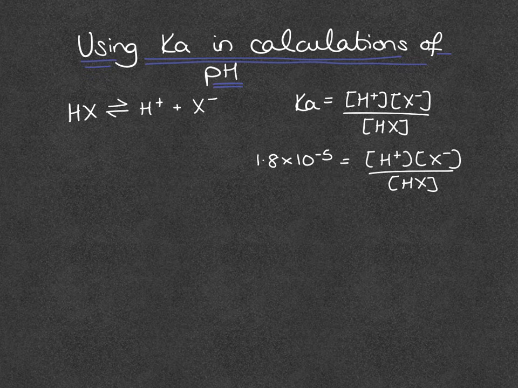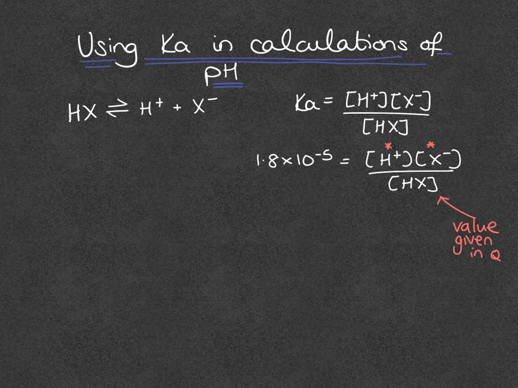Okay, so a question could give you the concentration of the acid. So it's going to give us this value. That leaves us with the H+ and the X- to deal with. And obviously the H+ is what we want to get to in order to do the next part of our calculation.